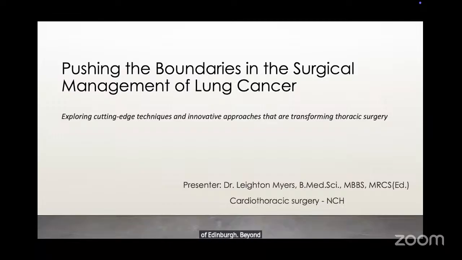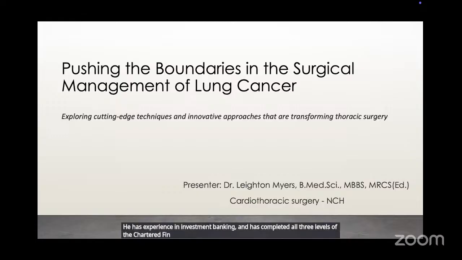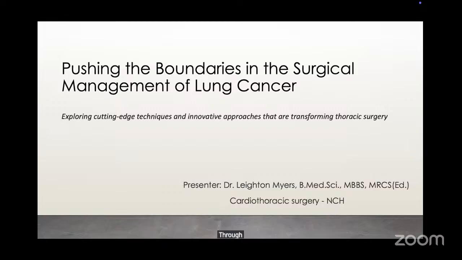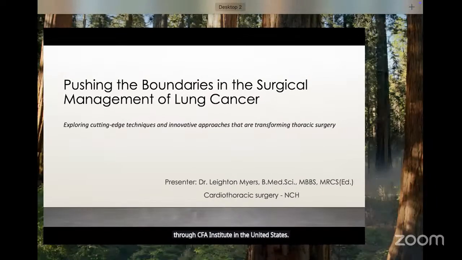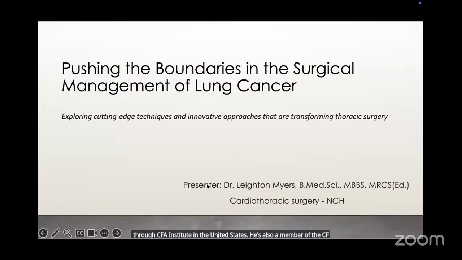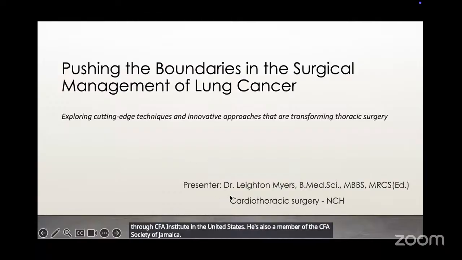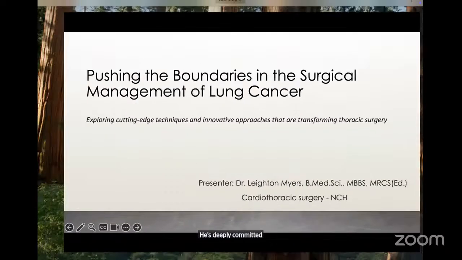Beyond medicine, Dr. Myers has a strong passion for finance and investing. He has experience in investment banking and has completed all 3 levels of the Chartered Financial Analyst CFA program through the CFA Institute in the United States. He's also a member of the CFA Society of Jamaica. He's deeply committed to mentorship and personal development.